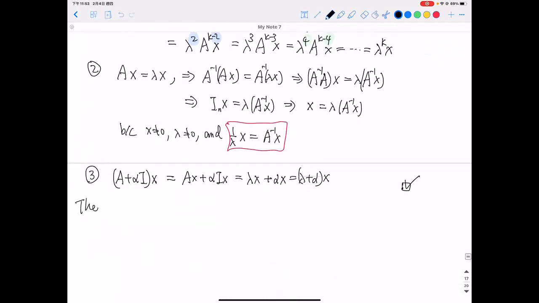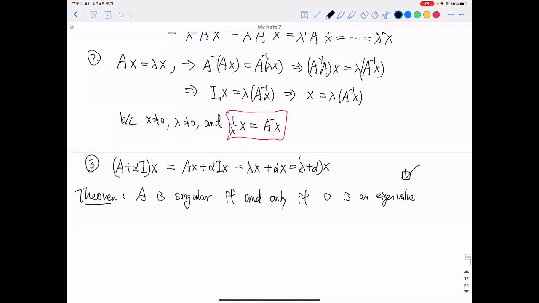Right. So next theorem. A is singular if and only if 0 is an eigenvalue. Okay, proof is the definition.